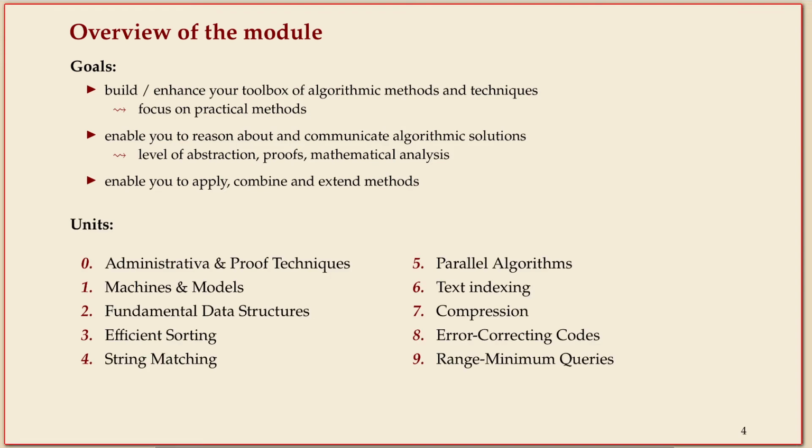The module is divided into roughly 10 units for the roughly 10 weeks of teaching. That'll only be true on average. So some units are a bit longer, some a bit shorter. I don't want to say too much about this. You'll see what that is at the time. We'll basically talk about some basics, what's behind the abstractions we're working with.